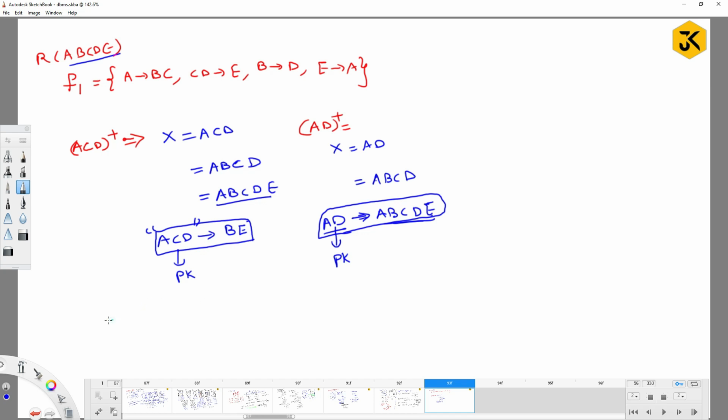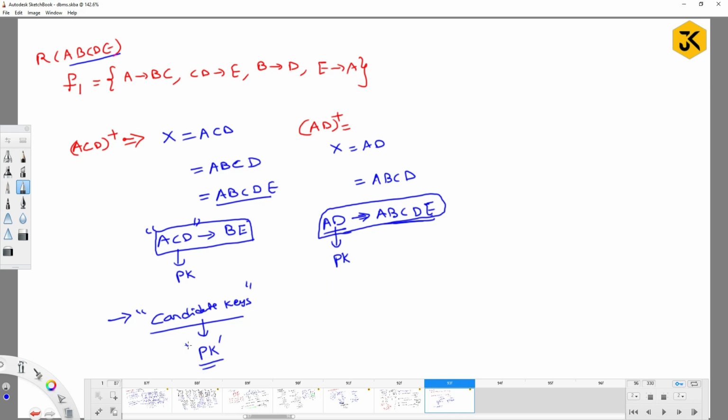Generally, if a table contains more than one such key, all of them I will call candidate keys. Multiple keys may exist, so all those keys I can call candidate keys. Among those, one key I will call the primary key. So I hope you now know the difference between candidate key and primary key.